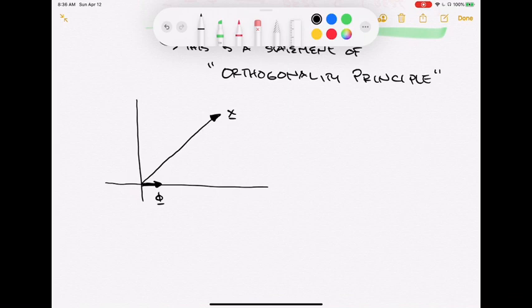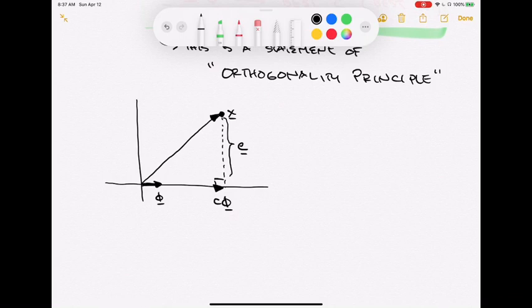One way to think about that is I just take that object, let's call it a ball, and I drop it. That ball drops down to where it hits the ground. And we know how gravity works. When it drops down, it takes the shortest path. Gravity is a conserver of energy, so it takes the shortest path until that ball falls to the ground. It makes a right angle. That path that it fell is going to be the error difference between my object of interest x and this best estimate c phi.